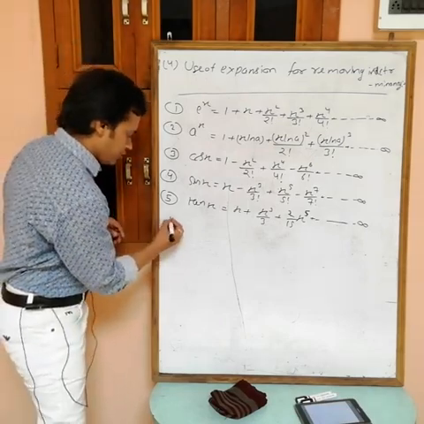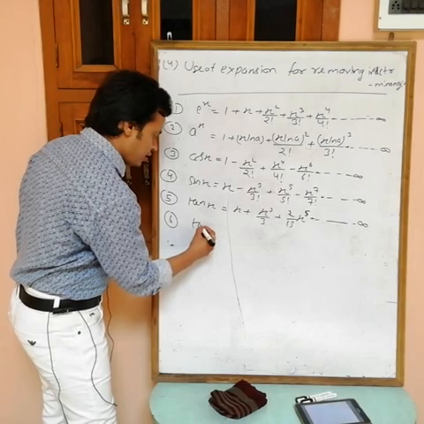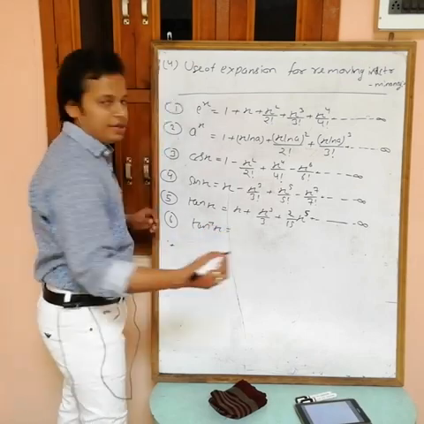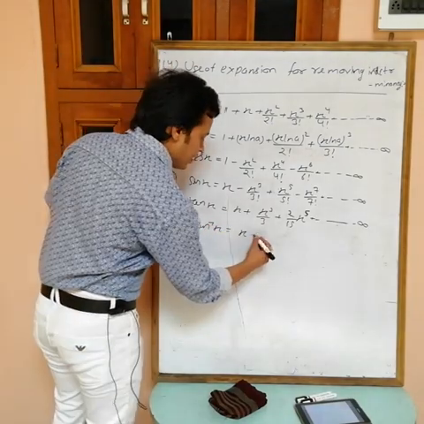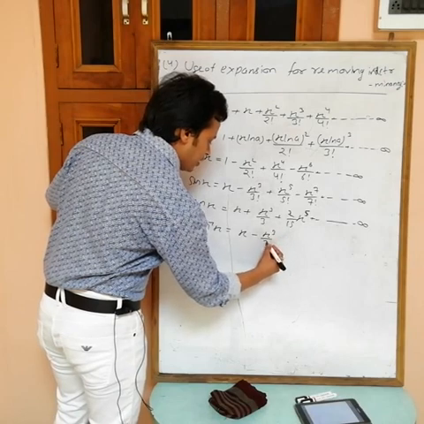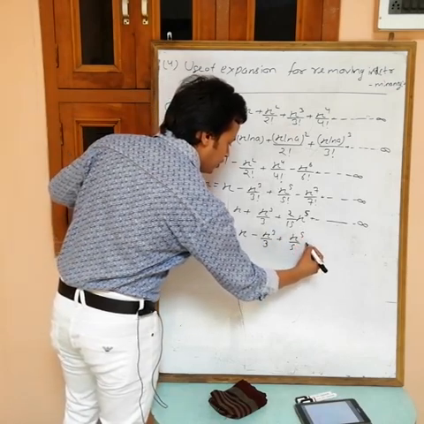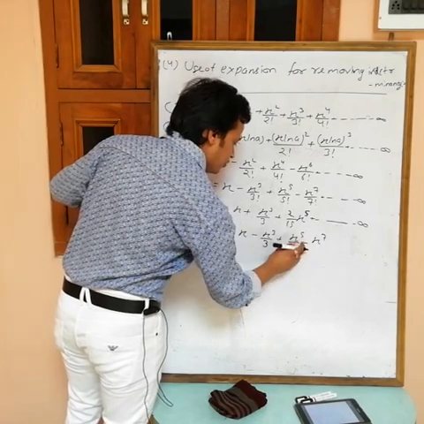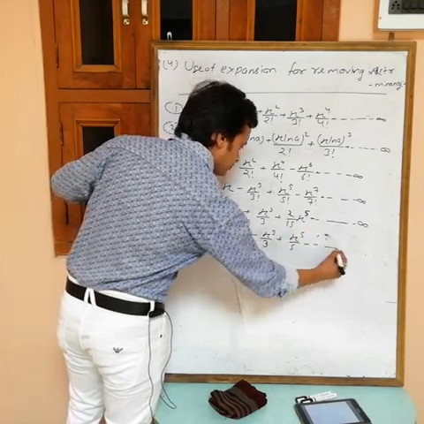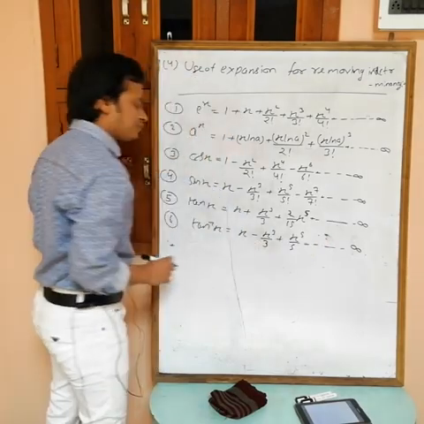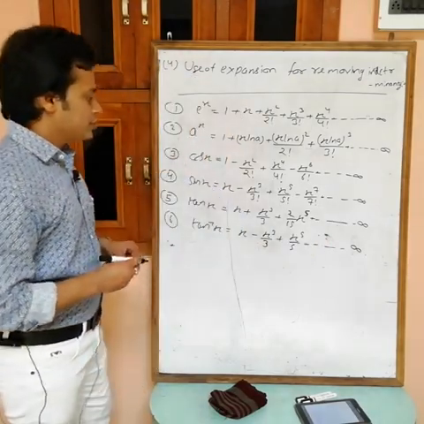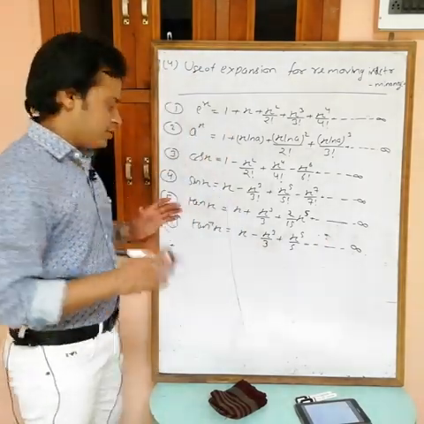Now next is tan inverse x. Tan inverse x equals x minus x cube by 3 plus x power 5 by 5 minus x power 7 by 7, but remember only up to 3 terms.